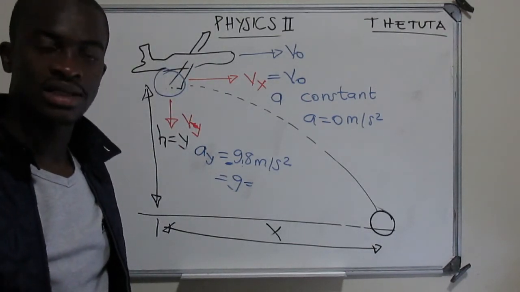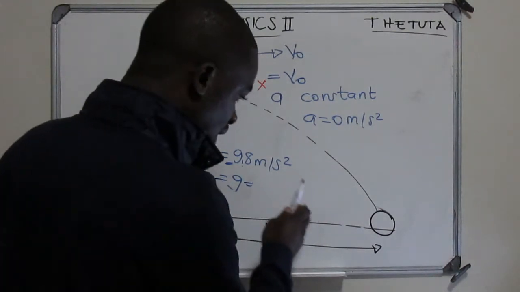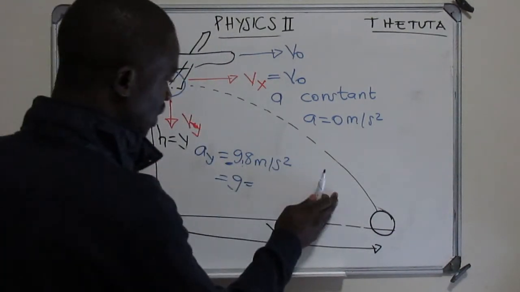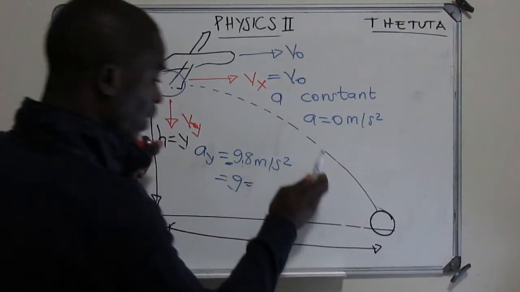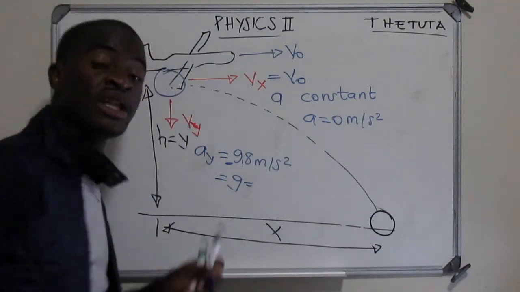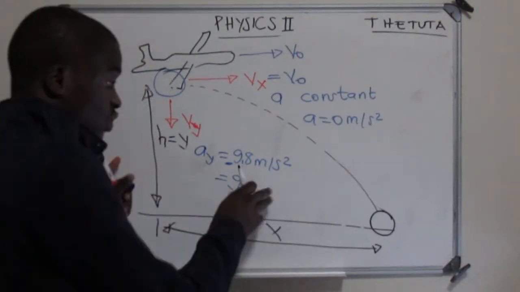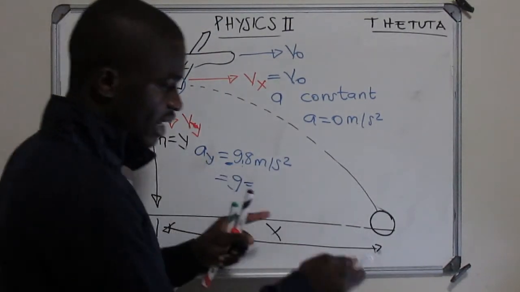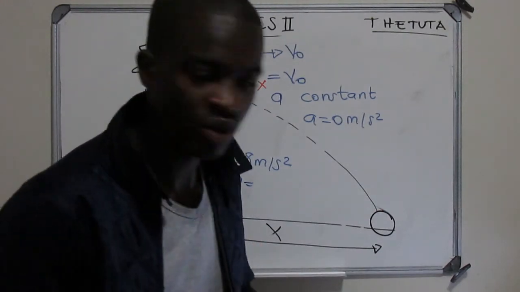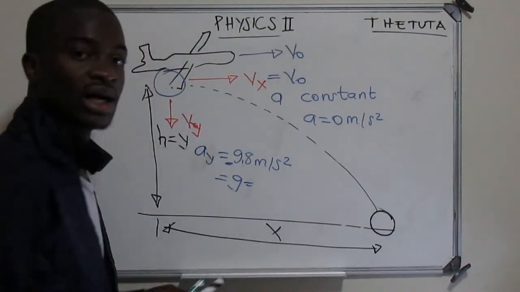Can you see that? So that's basically the most important part that we have to keep in mind when it comes to projectile. But again, we're still going to use the kinematic equations in 2 dimensions in order to solve this kind of problem. Because we're still in y and x. So when we start with problem solving, you're going to understand it better.